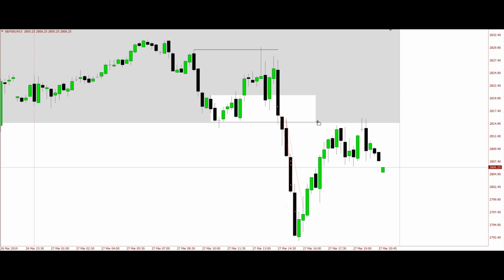So in the greater context of this shaded gray area, that's that 4-hour bearish breaker. Now we have a smaller fractal of that same thing. This is a 15-minute breaker inside of a 4-hour breaker. So now we're using fractal theory. A larger price pattern reduced to a smaller time frame repeats itself.